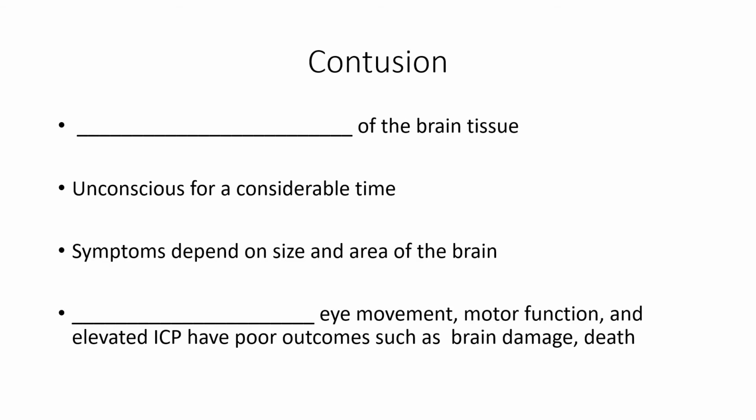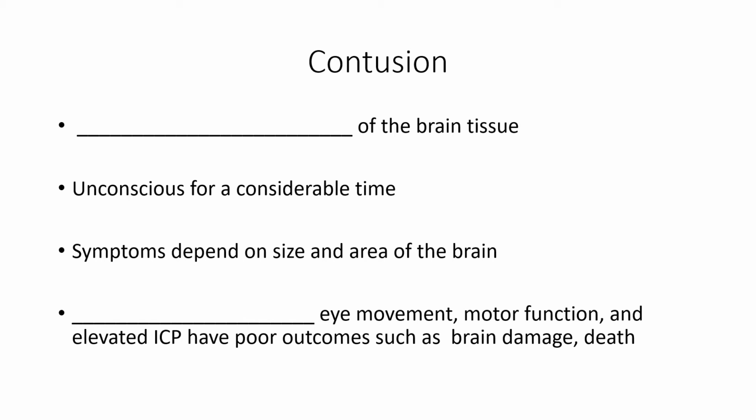A contusion is the bruising of the brain tissue. You can be unconscious for a considerable amount of time. Your symptoms are going to depend on the size and the area of the brain. Some common signs and symptoms would be headache, tiredness, insomnia, loss of memory, difficulty concentrating, and trouble speaking.